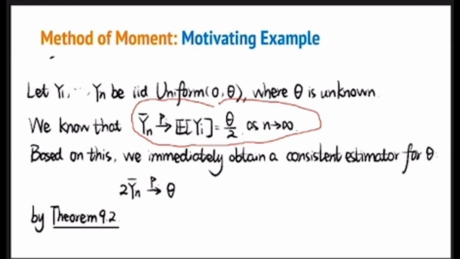Why do we equate them? We equate them because at a sufficiently large sample, the sample mean converges in probability to the population mean. When we equate this and solve for theta, what are you going to tell the world? The estimator for theta is going to be 2Y bar.